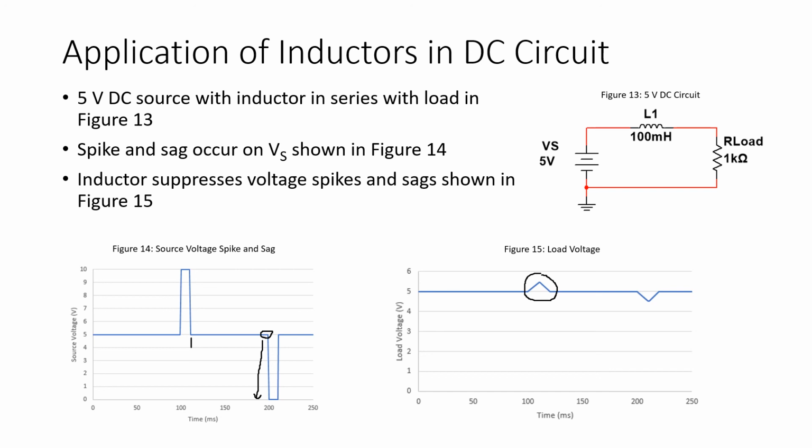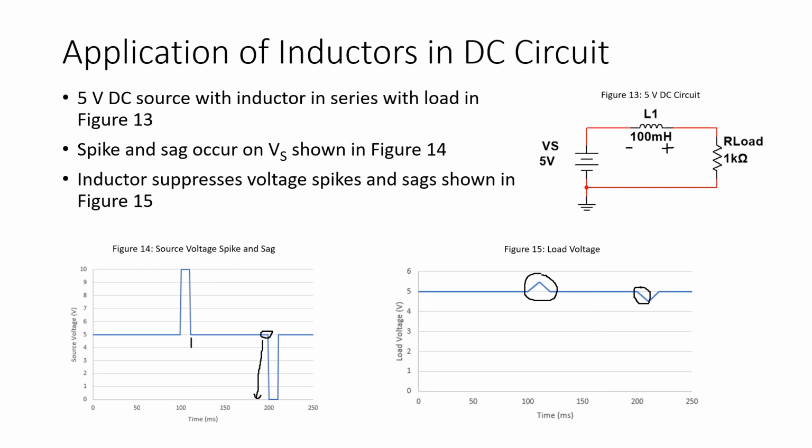That decreasing current will cause the magnetic field in the inductor to collapse, inducing a voltage with a polarity of negative to positive that somewhat smooths out the sag in the source voltage.